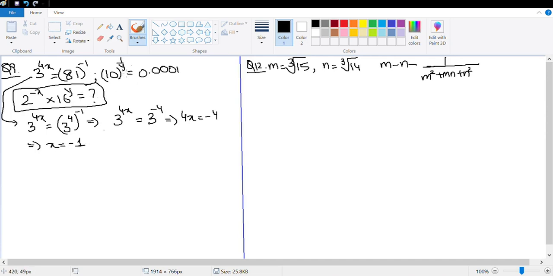Let's see if the second equation can give me something. 10 to the power 1 by y is equal to 0.0001. I need to write this with a base of 10 so that I can equate the bases and equate the powers.